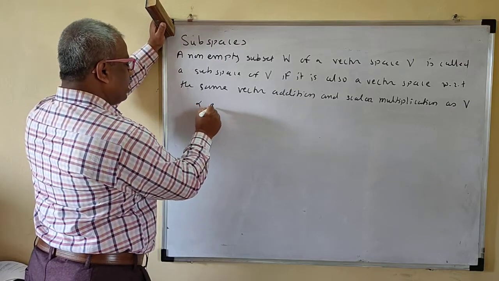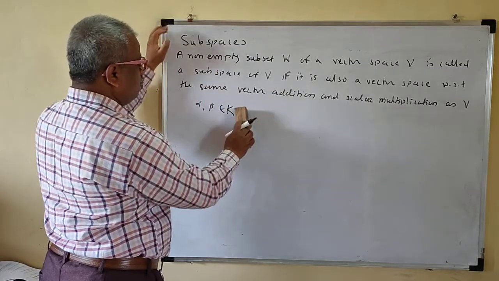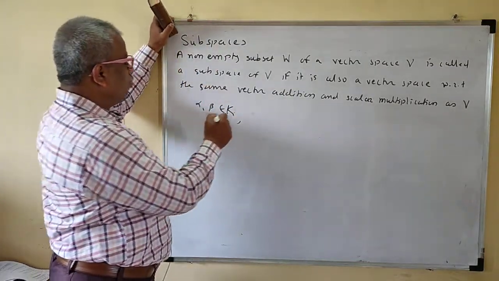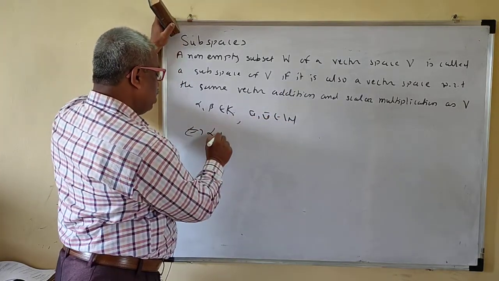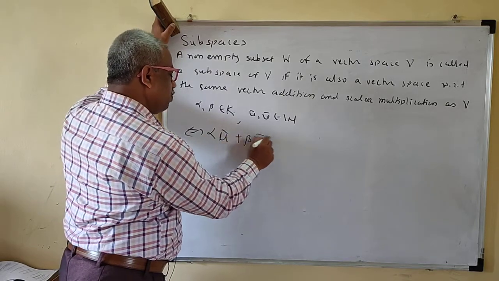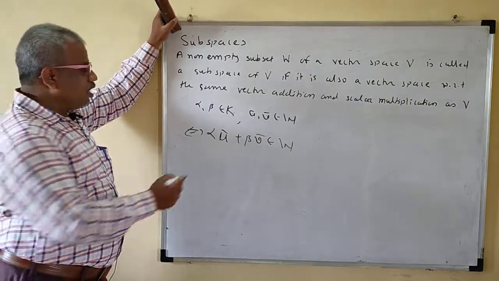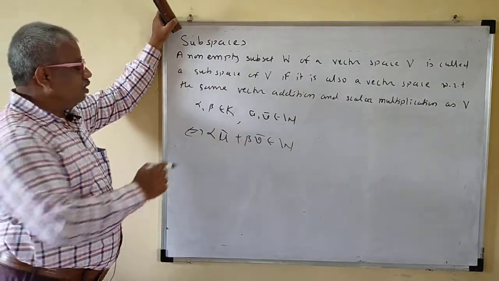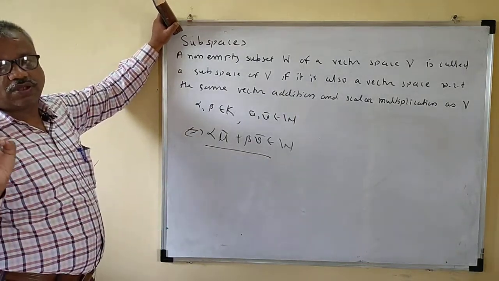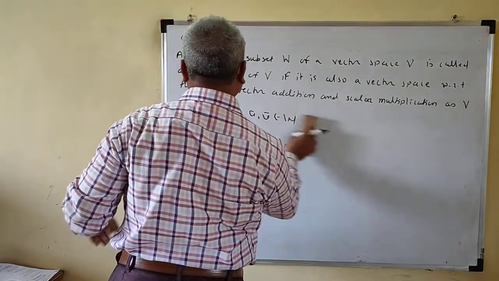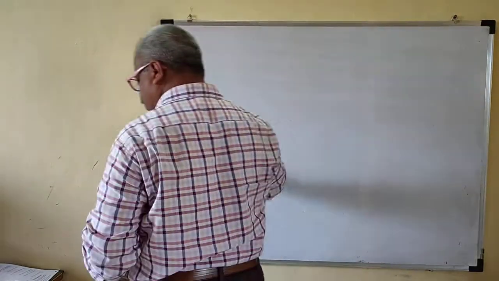Suppose K is the scalar field, and u bar, v bar belong to W. If alpha u bar plus beta v bar belongs to W for any scalars alpha and beta, and for any u bar and v bar in W, then W is also a subspace of V. So these are the two important criteria for this.